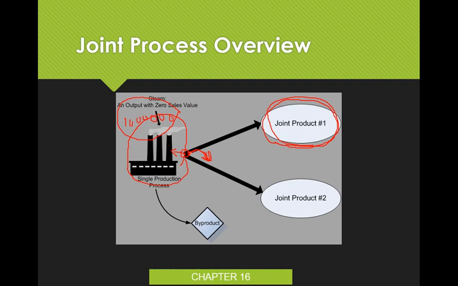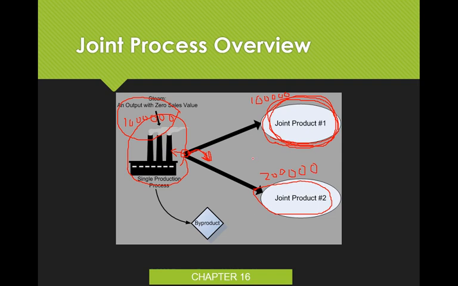And if we spend another cost on joint product number one by itself and on joint product number two by itself, for example another $100,000 on joint product number one and $200,000 on joint product number two, then the 100,000 and 200,000 we'll call separable cost.